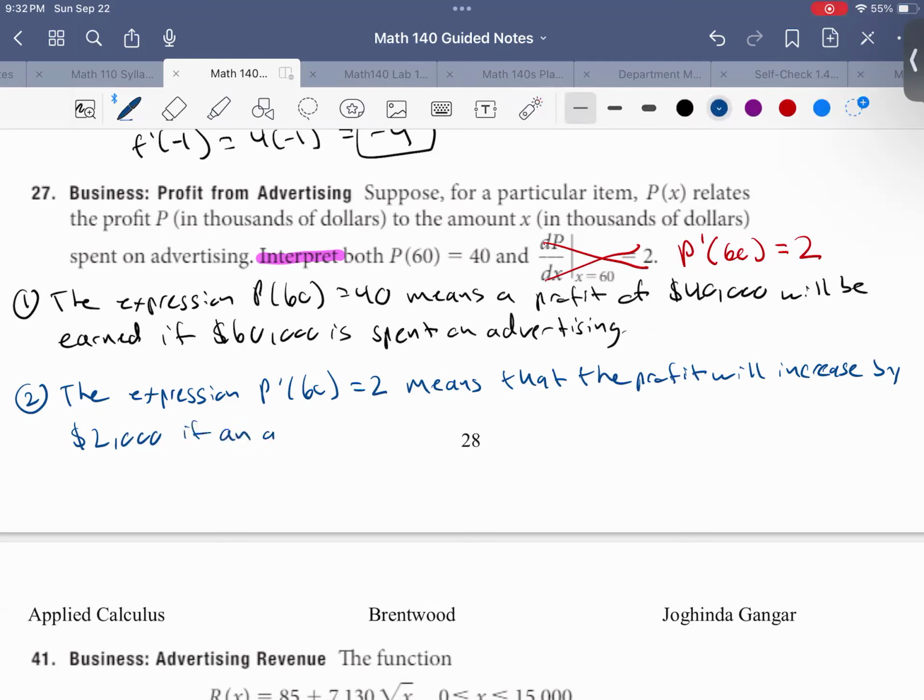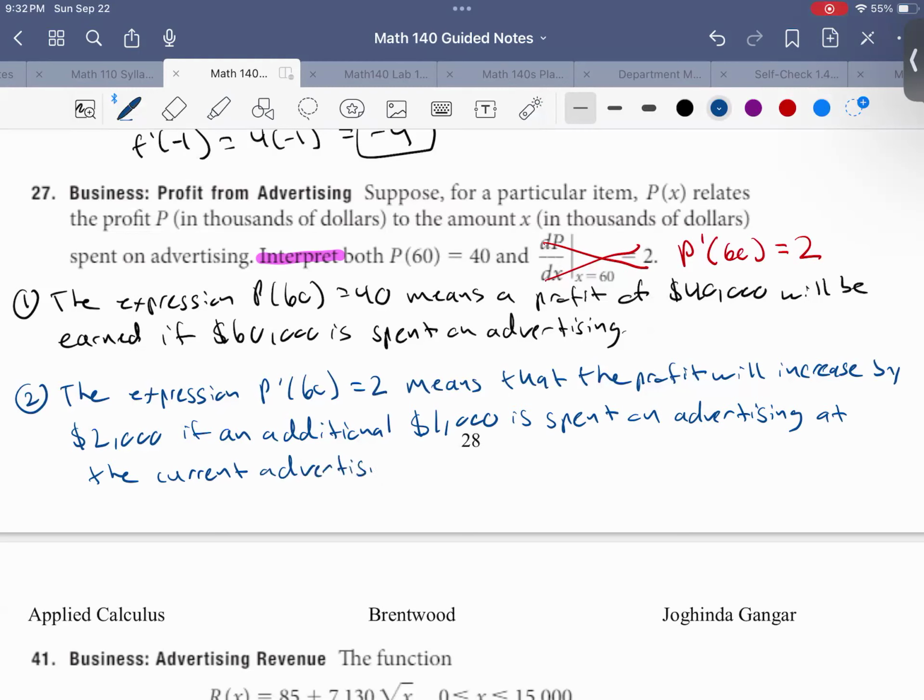if an additional $1,000 is spent on advertising at the current advertising level of $60,000.